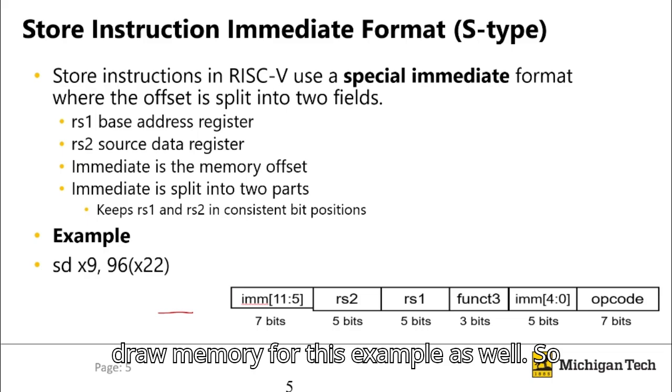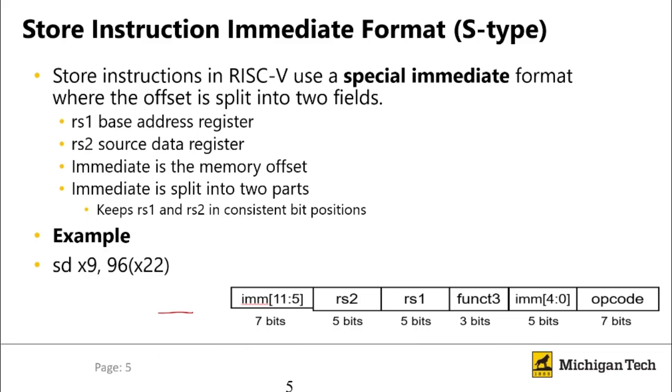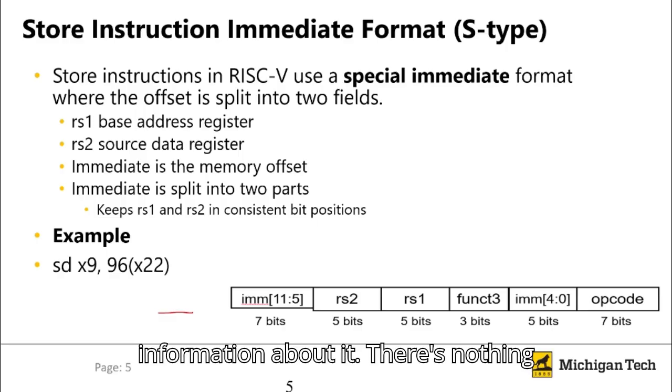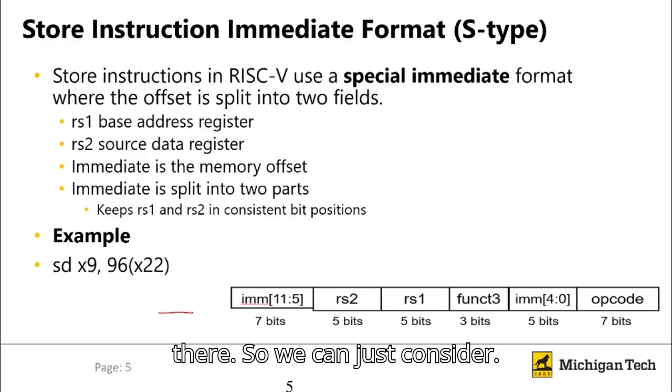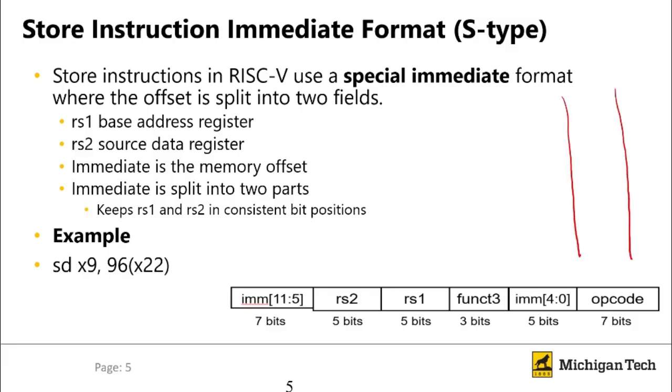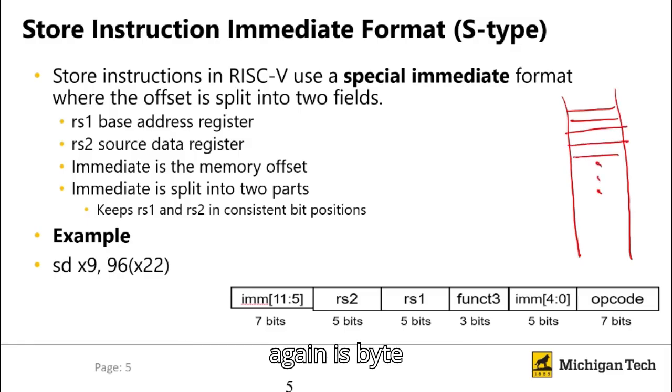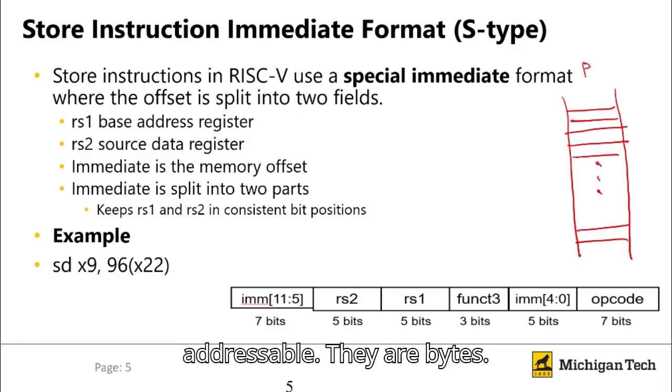Let's draw memory for this example as well. So we have x9. Let's see if there is more information about it. There's nothing there, so we can just consider this is the memory. And the memory again is byte addressable. They are bytes.